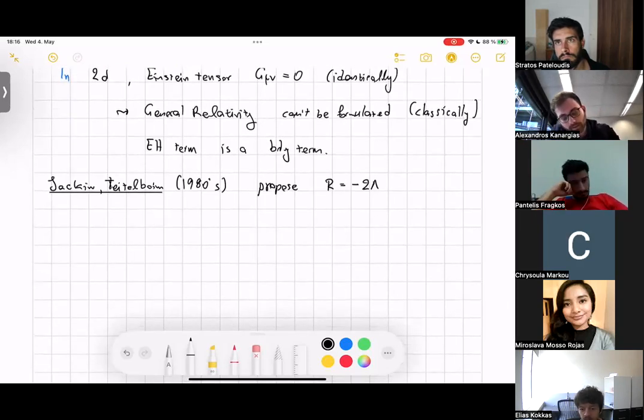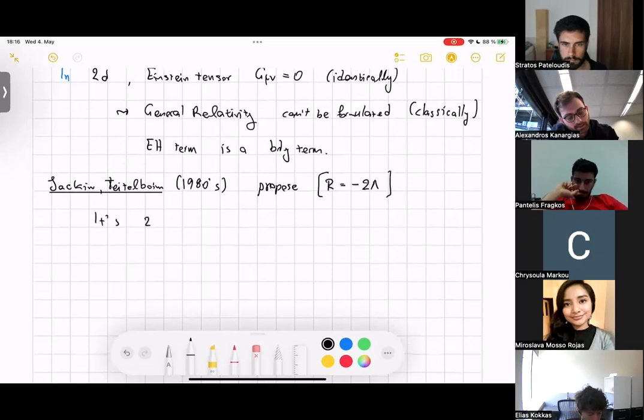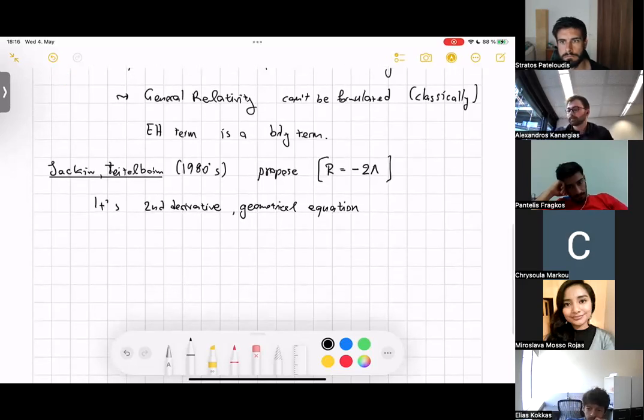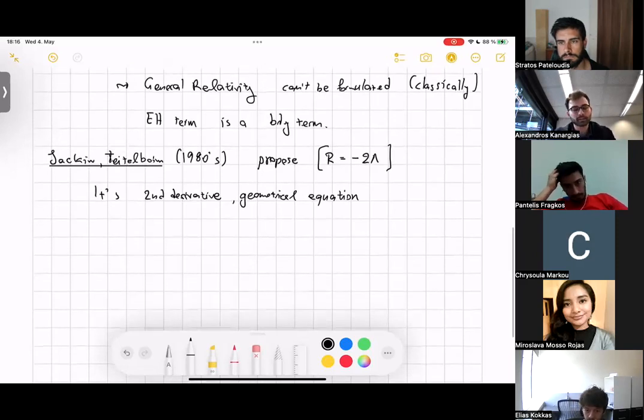And why this? Some motives for this equation: it's a second derivative and geometrical equation, which is what we like. It's also analogous to what you would get, this is a bit sketchy, in 3D.